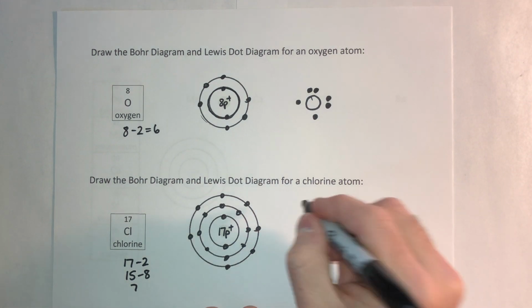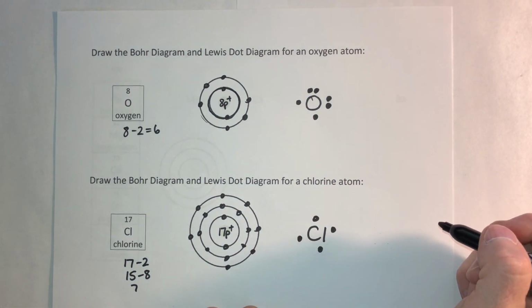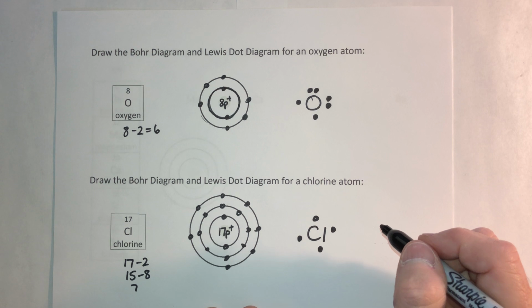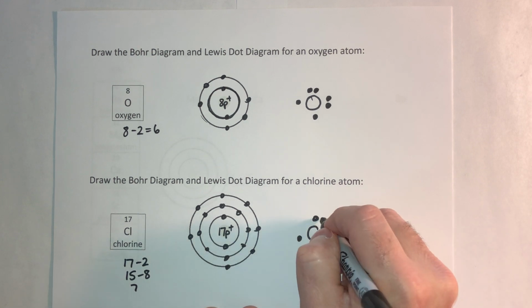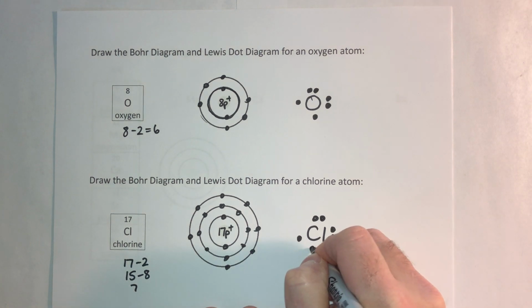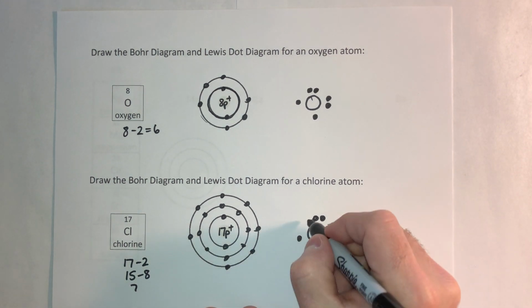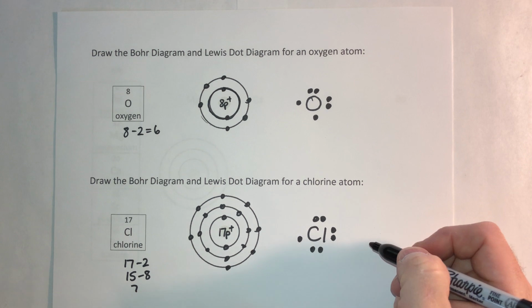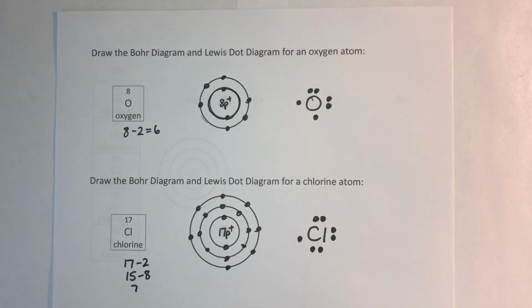The first 4 go on 4 different sides of the chlorine. It's only when I get to number 5 that I have to start pairing it up. So you pair, and you pair. Now you've got 7 electrons. 1, 2, 3, 4, 5, 6, 7. That's the Lewis dot diagram for chlorine.